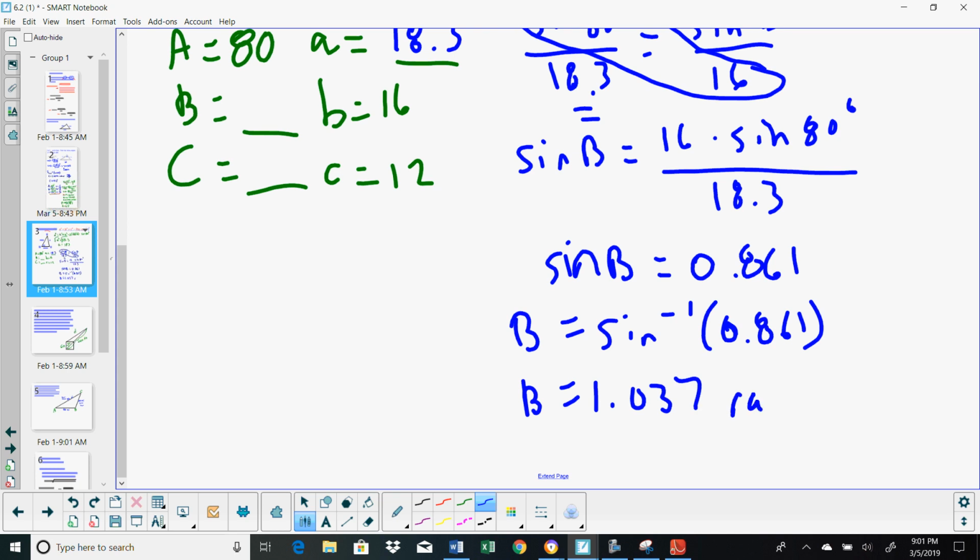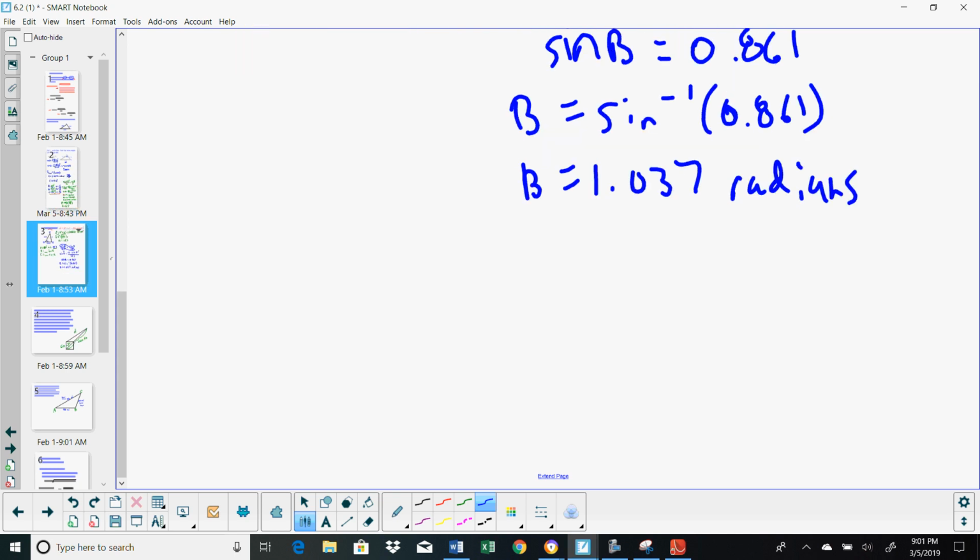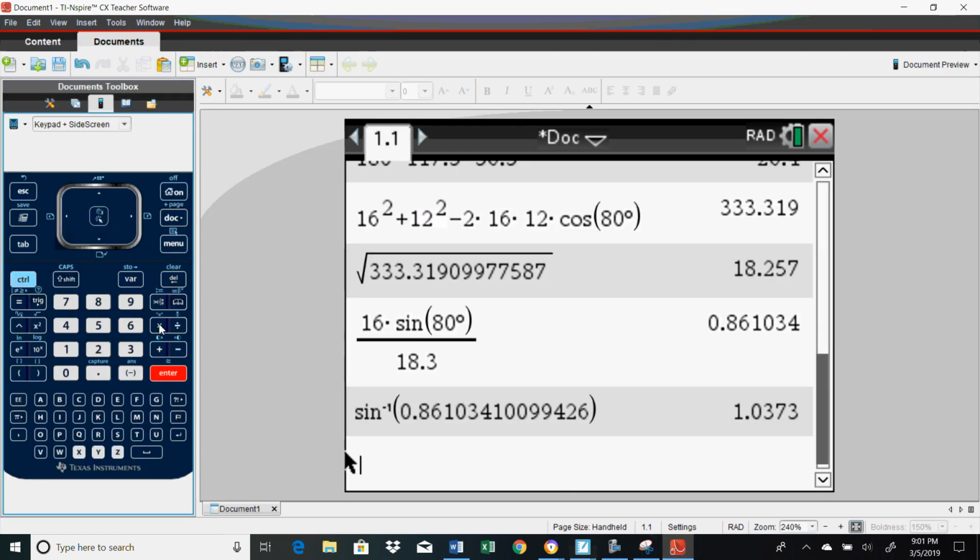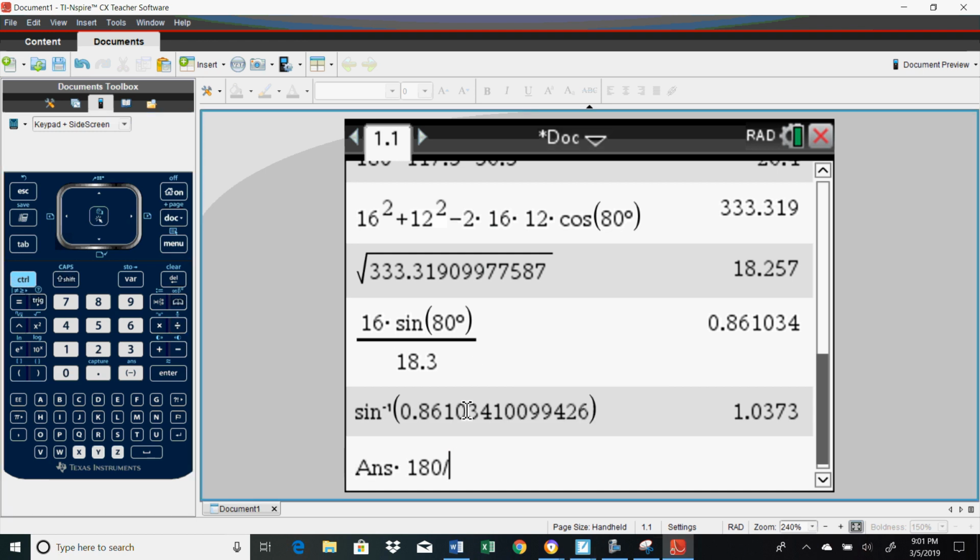That is radians. So don't forget that I want to convert that. I'm going to multiply this by 180 and divide by pi, to get a degree measure.